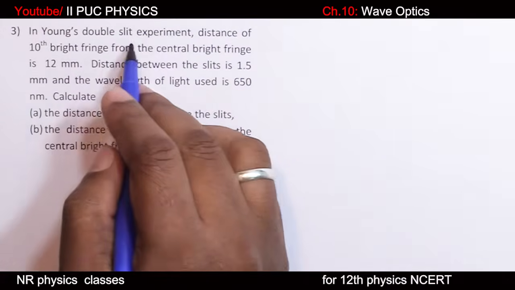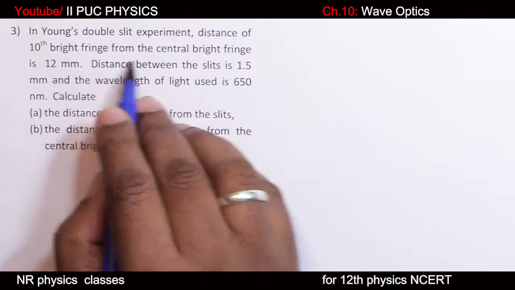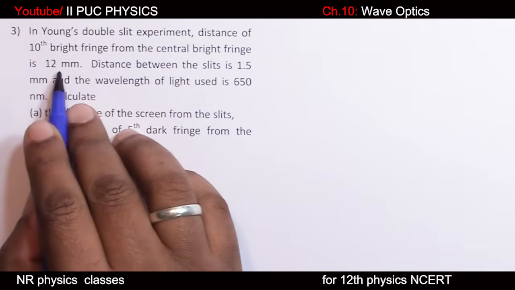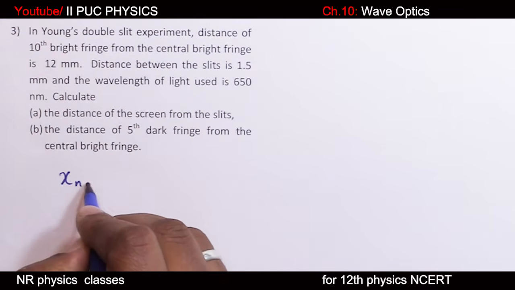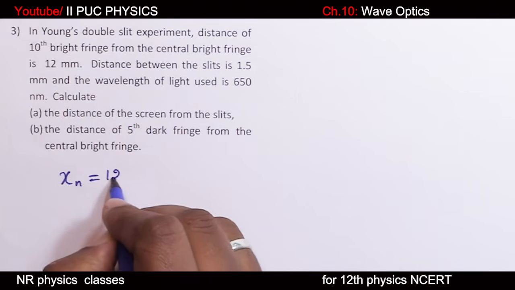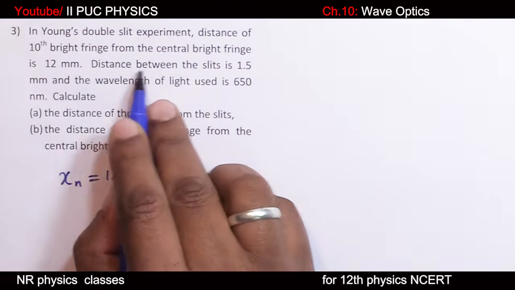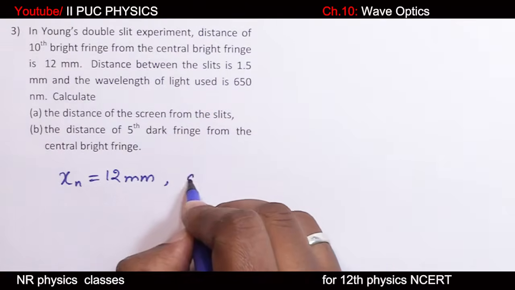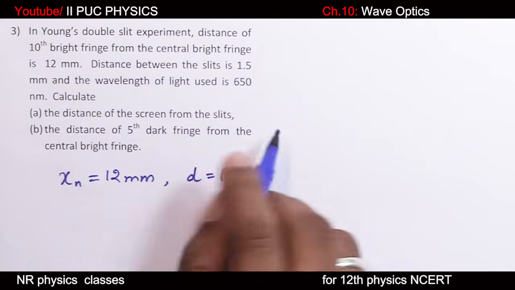In Young's double slit experiment, distance of 10th bright from the central bright is 12 millimeter. So distance of 10th bright is given as 12 millimeter. Distance between the slits, small d equal to 1.5 millimeter.